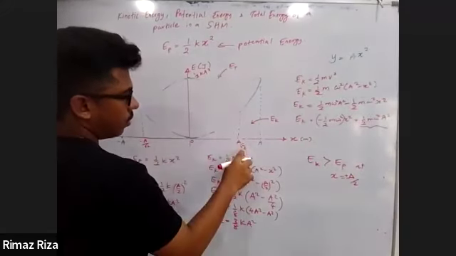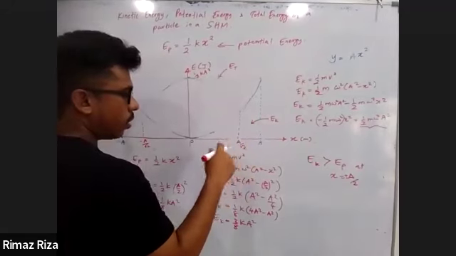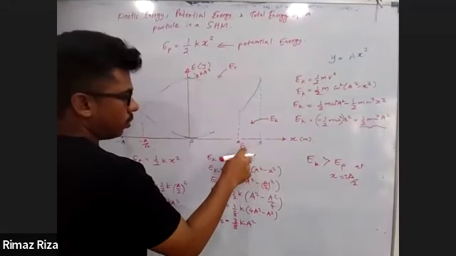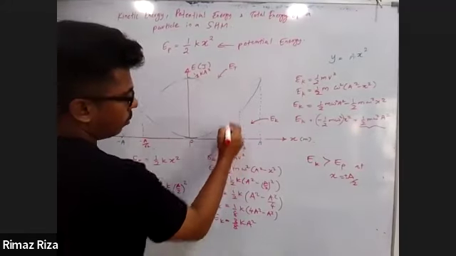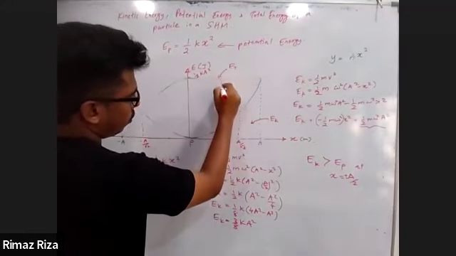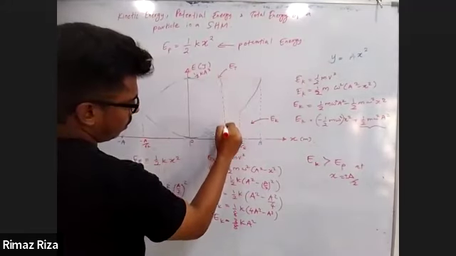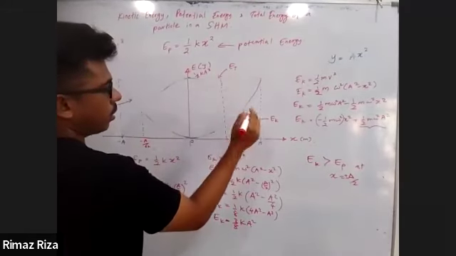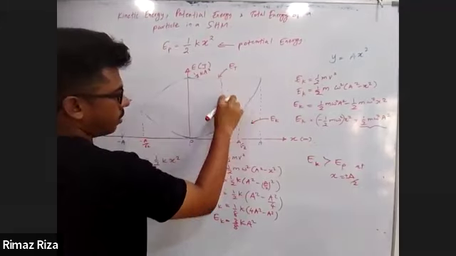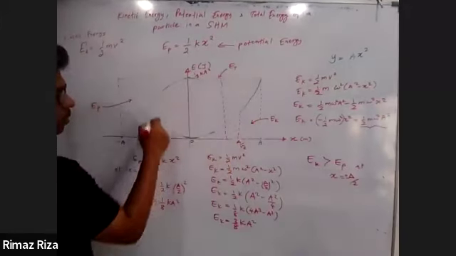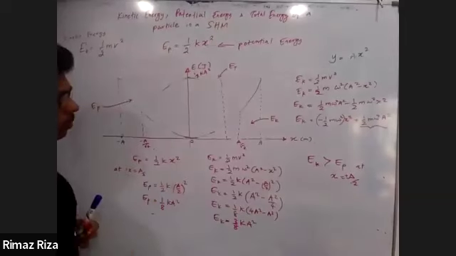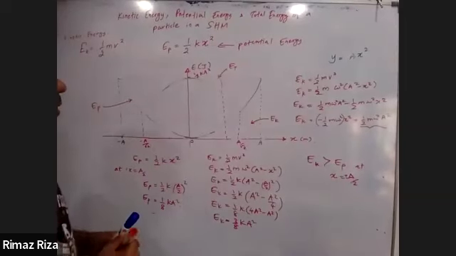Okay, because root 2 is smaller than 2, so dividing by a bigger number, the value is smaller. Here, half is here. So at a over 2, the kinetic energy is greater than the potential energy. This side also you can see kinetic energy is greater than the potential energy.